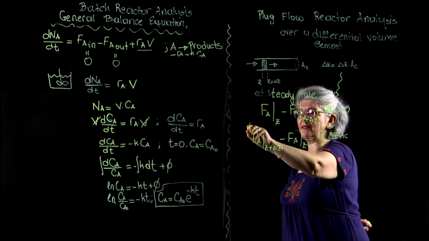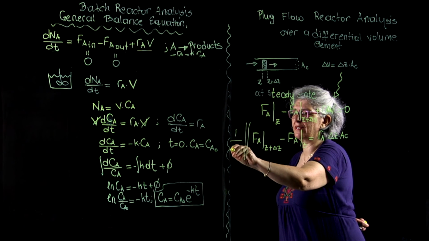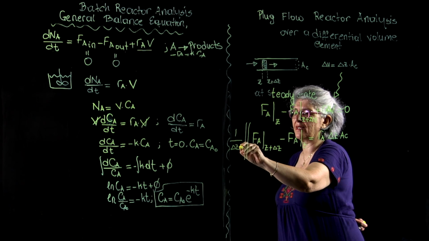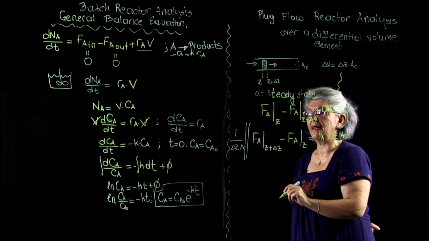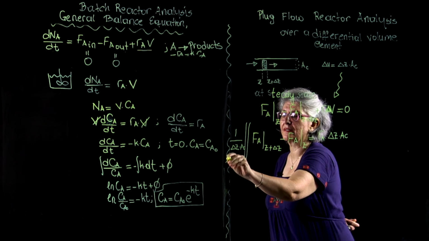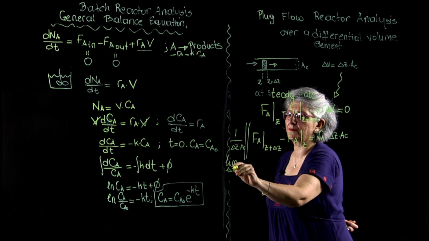I will divide both sides of this equation by delta Z times A sub C, or delta V, and I will take the limit as delta Z goes to 0.